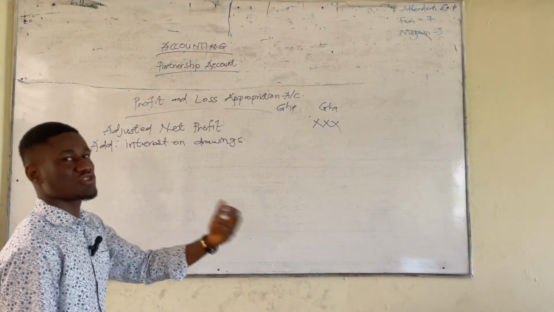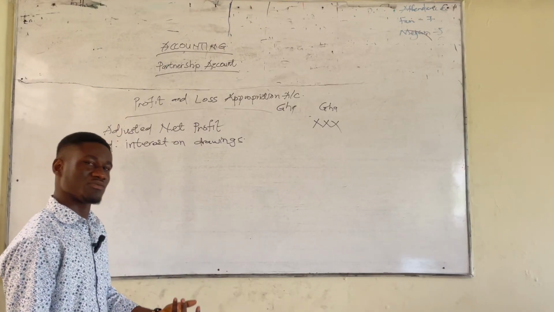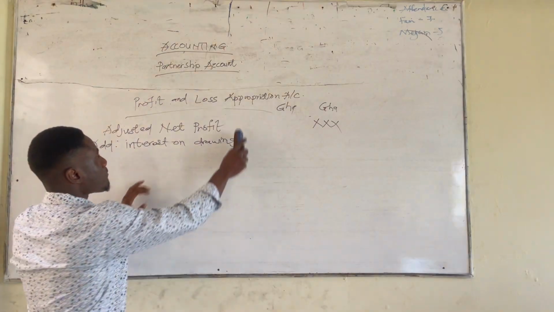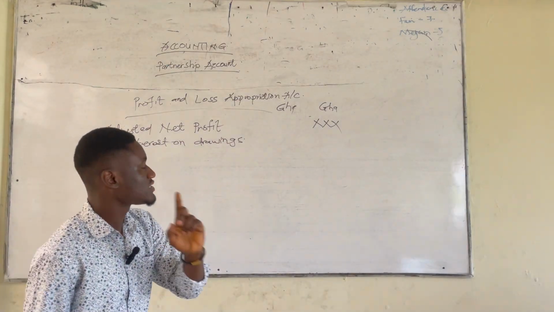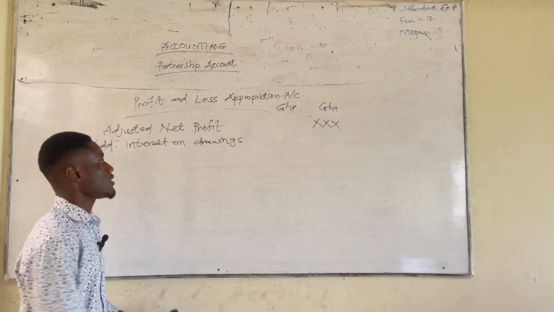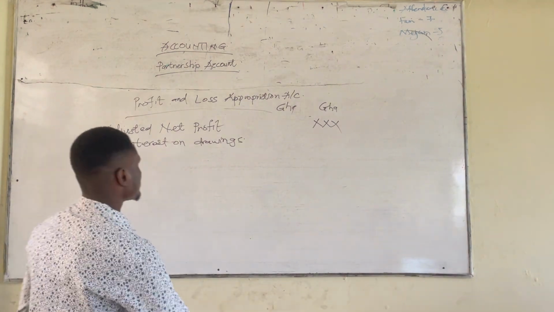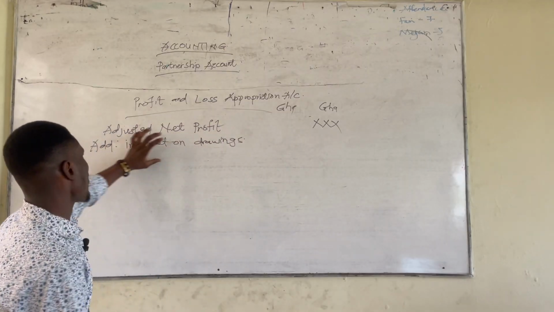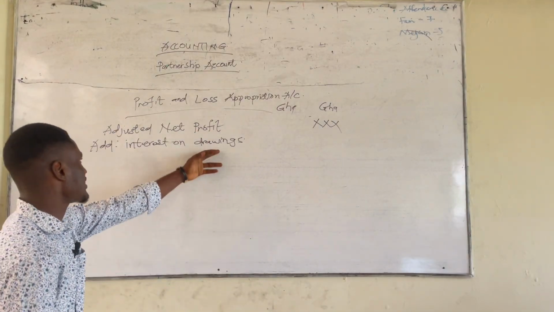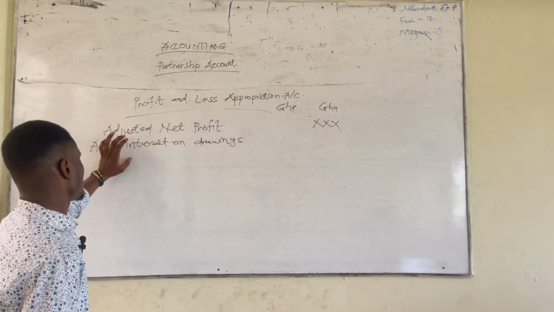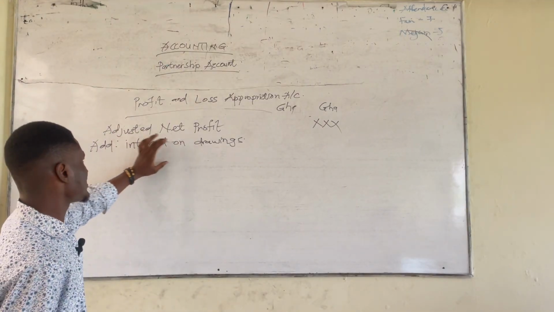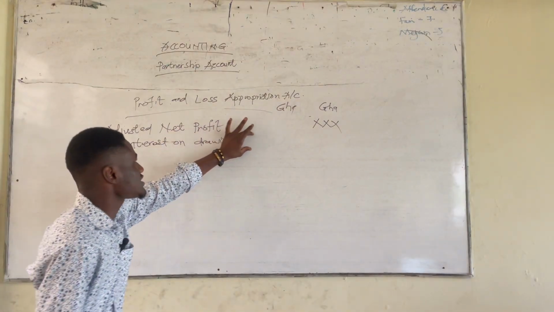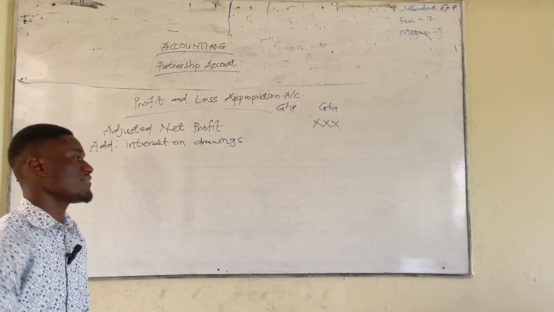So if you are making a drawings and I'm going to receive interest on the drawings you've made, remember that the business is separate from the partners. Business entity concept. Good. So if we are making a drawing of, let's say, 5,000 and it's going to attract an interest of 500, that means the business is going to receive 5,500.